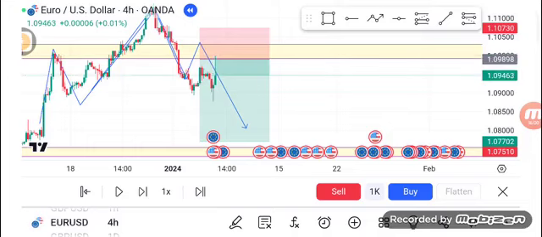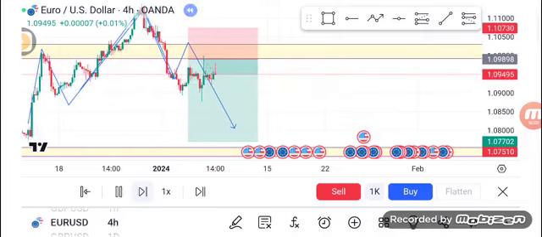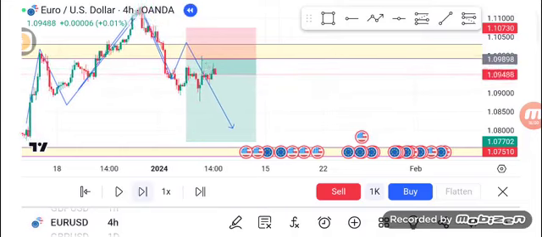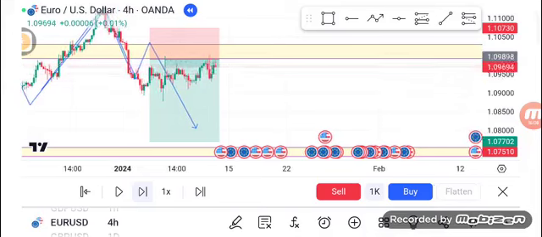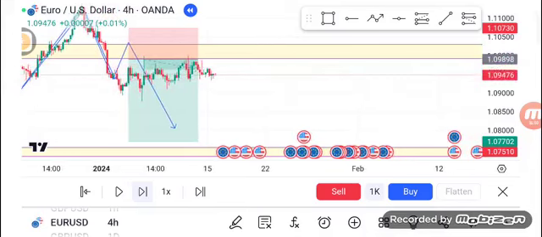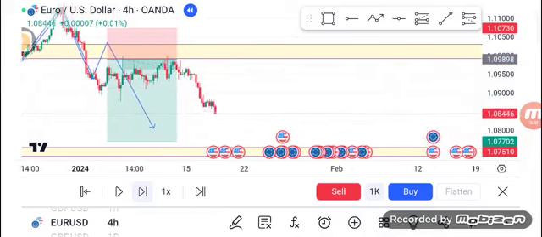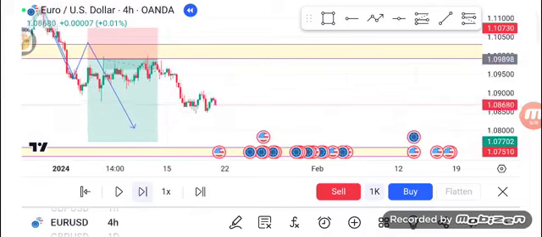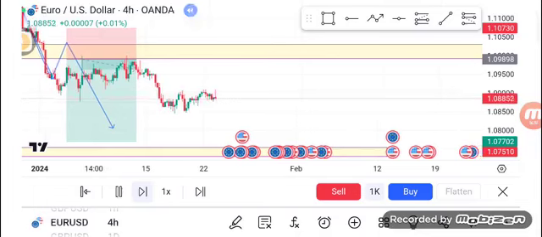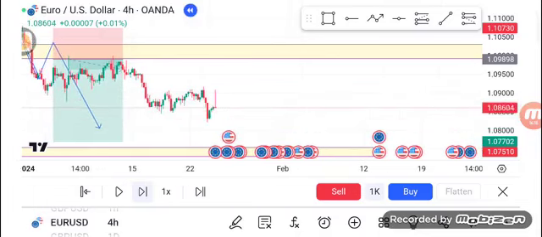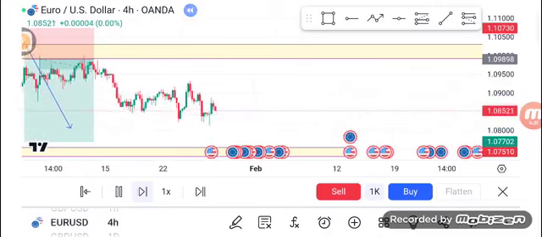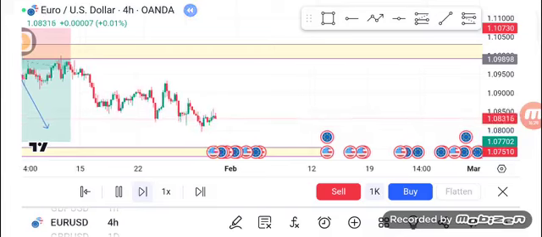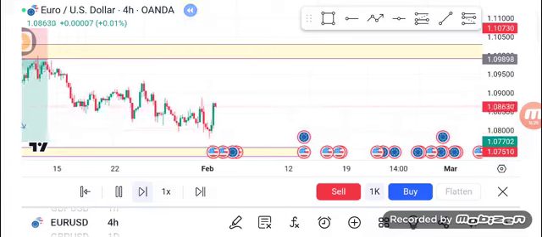Boom. What do you see? And another thing you need to learn is how to be patient.